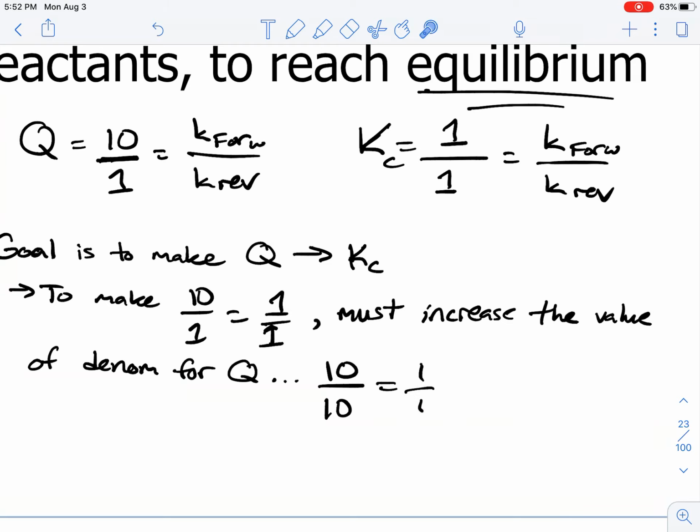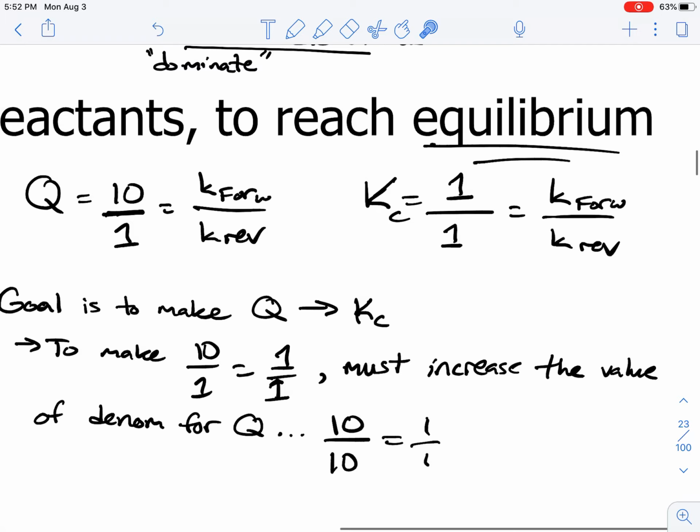And so what this is telling us is that the reverse reaction must dominate so that the reaction can reach a state of equilibrium.